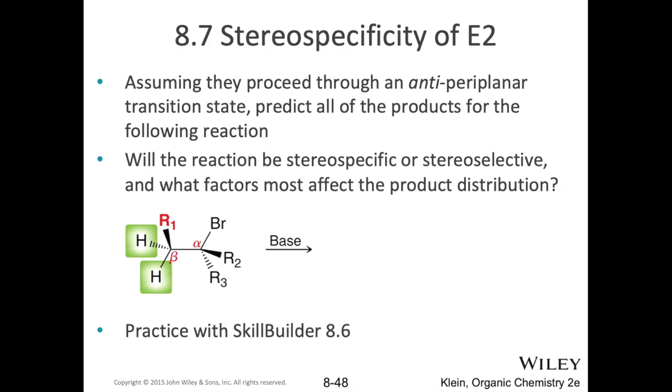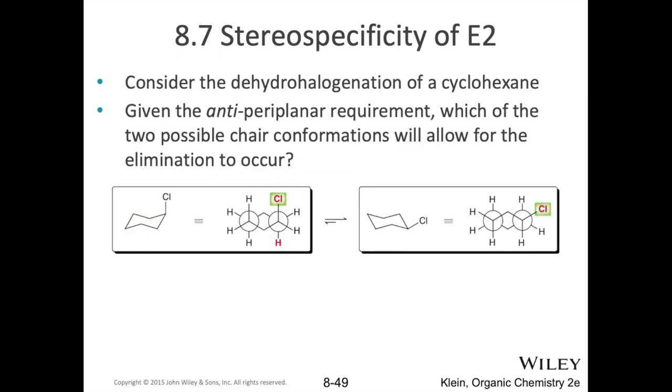Okay, so you've got to consider that there are two possible products here, and then you might want to look at the stereoselectivity of the resulting alkenes you make. So again, getting the bulkier groups apart from each other or trans to each other would be more preferable. Okay, and that might give you a major product accordingly.